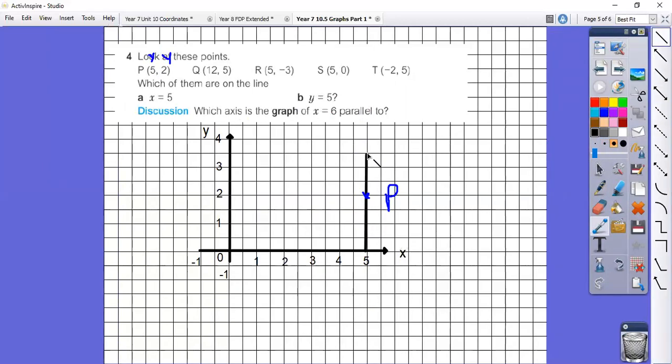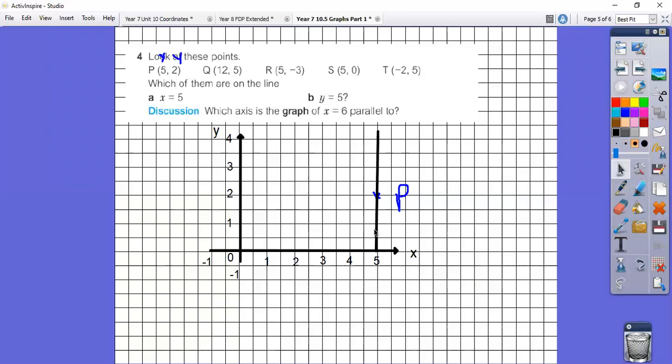This is the line x equals 5. Let's make that a bit straighter. So I know that P will lie somewhere on this line where x equals 5. So you now need to figure out if Q, R, S, and T lie on the line x equals 5, and B, y equals 5.